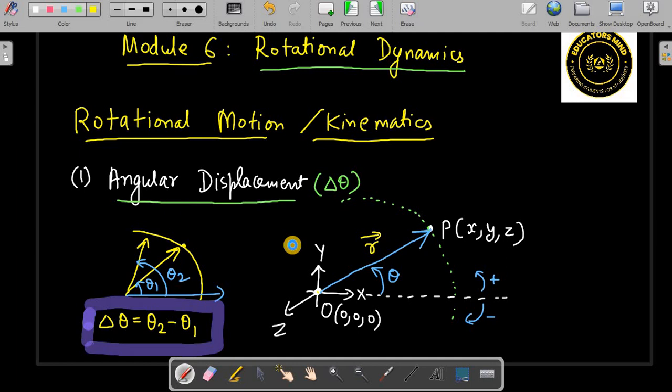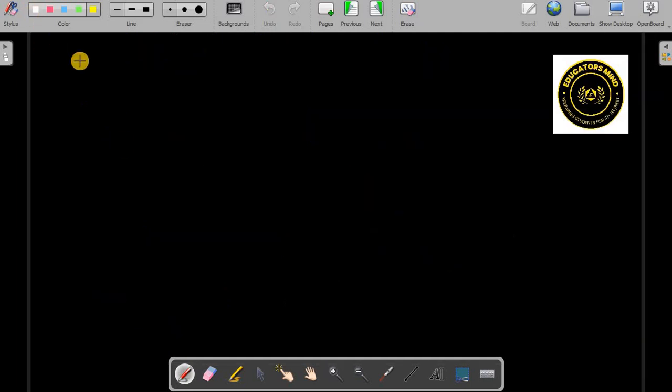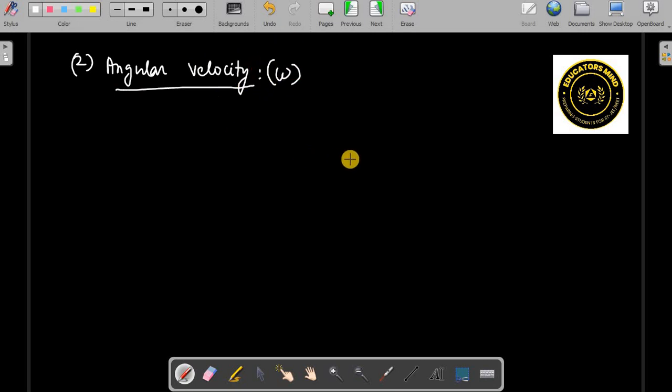Now let's understand the next one, angular velocity. What is angular velocity? Angular velocity is defined by the symbol omega, and it is the rate of change of angular position, d theta by dt. This is the instantaneous value.